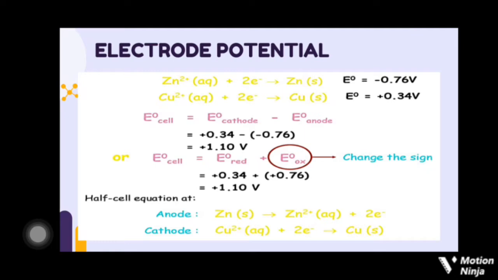Anode is where the oxidation takes place, or where you lose electrons. So, the anode is located at the left side of the cell reaction. Remember that reduction is the gain of electrons and oxidation is the loss of electrons.